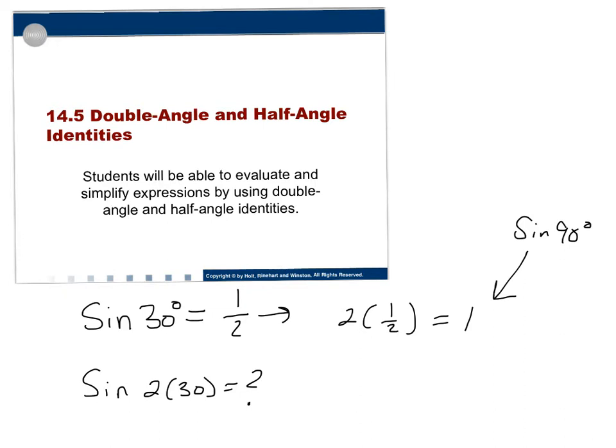So sine of 2 times 30, well, that's sine of 60 degrees, which is root 3 over 2. So if the angle doubles, that doesn't mean that the trig value is going to double. That's not true for sine of 60 degrees, right?